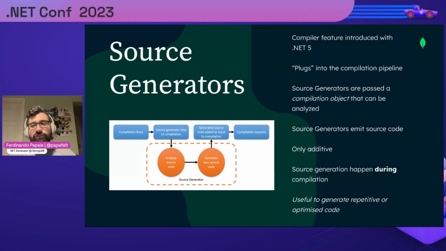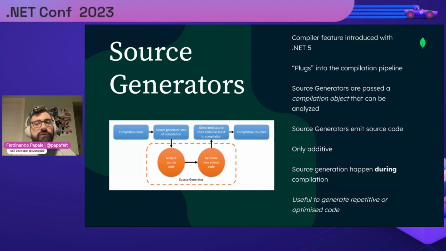So essentially, source generators can emit source code, and they're only additive. They can only add source code. They cannot modify code that is already there. And this is one of the two main differences with IL weaving, because IL weaving can modify everything, while source generators can only add new code. And the other difference is that the source generation part essentially happens during compilation.